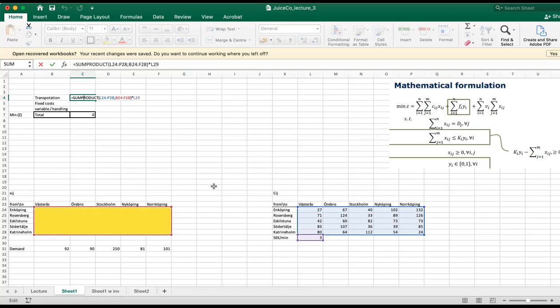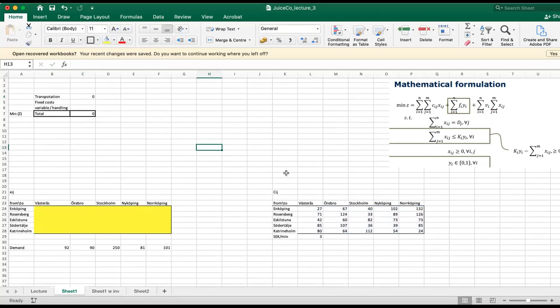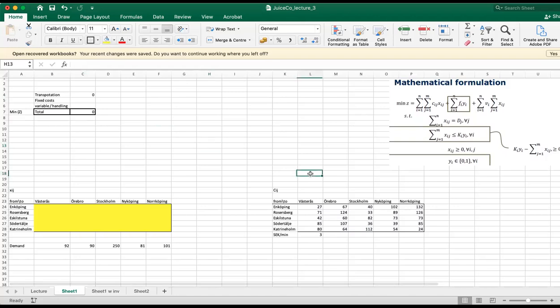So if you click here, you should be able to see the whole computation. It is the Cij matrix times the Xij matrix times 3. Okay, so we go now to the next one. Now we have plus fixed facility cost.